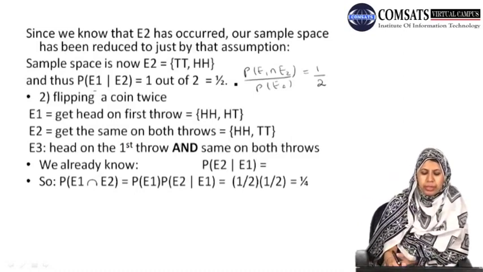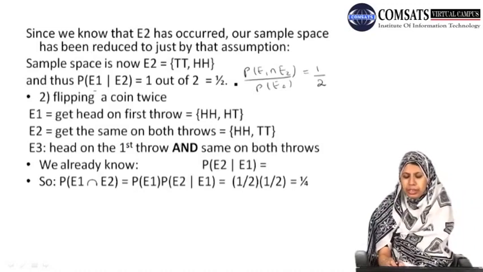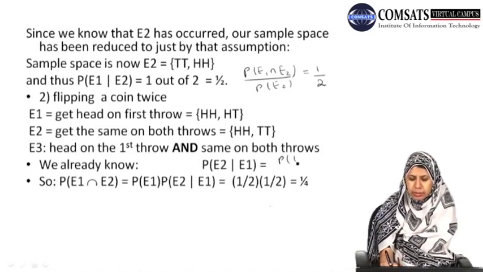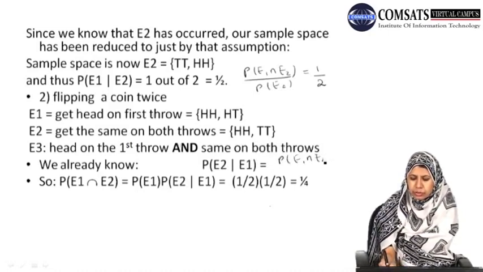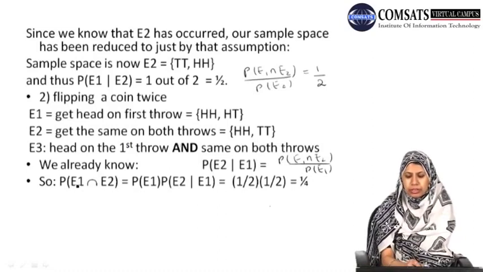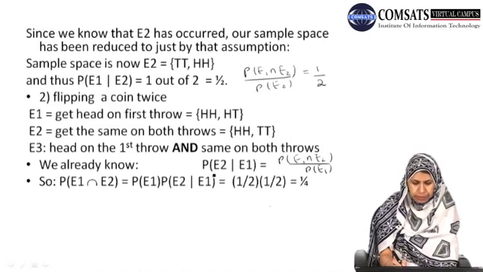obtaining the same on both throws. So we know that the probability of the event E2 given that the event E1 has already occurred is nothing but the probability of the intersection of these 2 events divided by the probability of the event E1. Now the probability of the intersection can be obtained by rearranging the formula, that is the probability of E1 times the conditional probability of the event E2 given that the event E1 has already occurred.